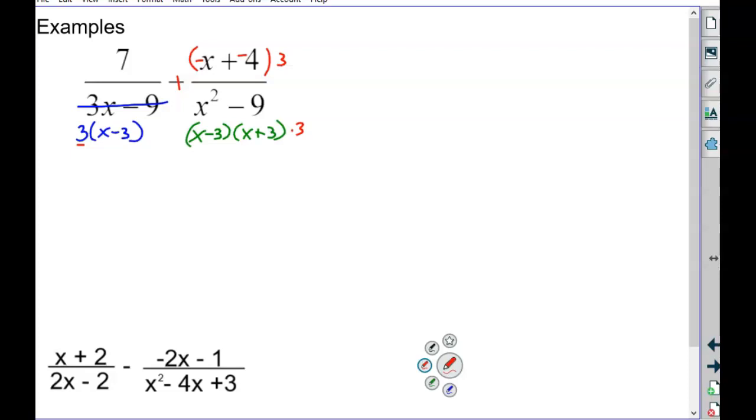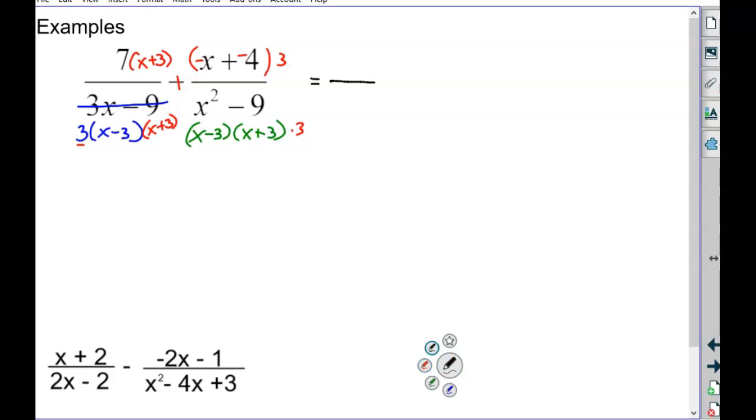Now, what is the blue denominator missing that the green one has? Plus 3. So I'm going to multiply this. I usually sneak it at the end. So I'm going to multiply the top and bottom by x plus 3. Notice how they have the same denominators now?